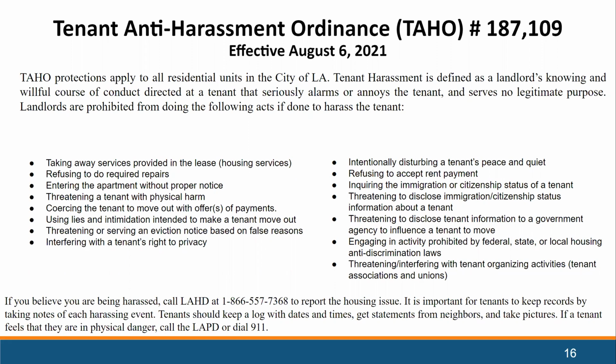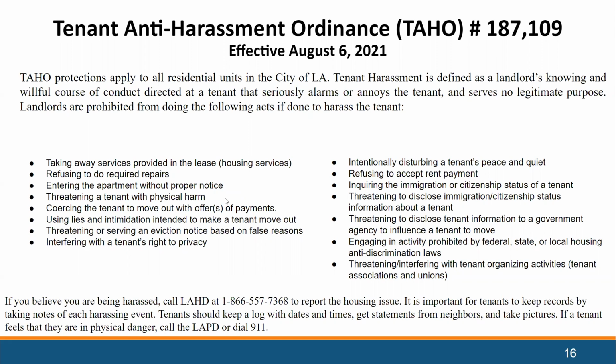This includes a landlord who takes away housing services, who refuses to make required repairs, who enters the unit without proper notice, who threatens a tenant with physical harm, and there's a series of several other examples which may define and may establish harassment of a tenant by a landlord.